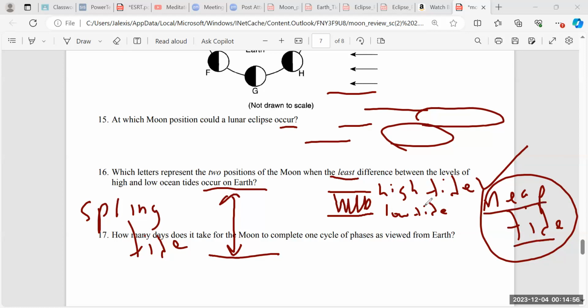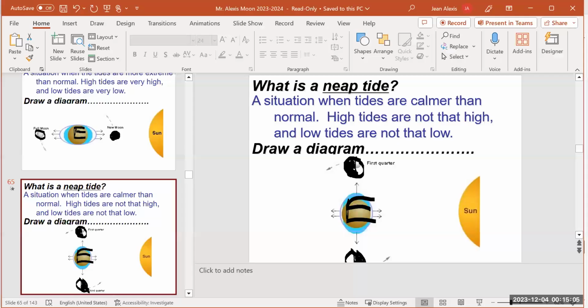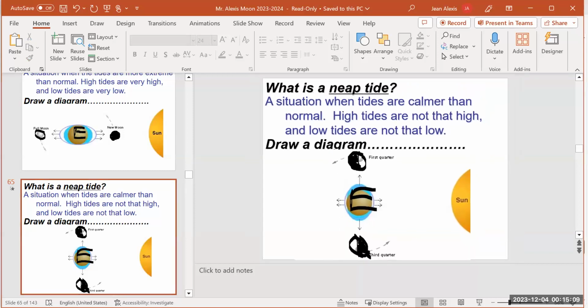So now that we know we're looking for a neap tide, when does a neap tide occur? When I look at my notes, neap tides occur during a first quarter and third quarter moon, right? Basically when the moon is in a perpendicular position when we're comparing the earth, the sun, and the moon.